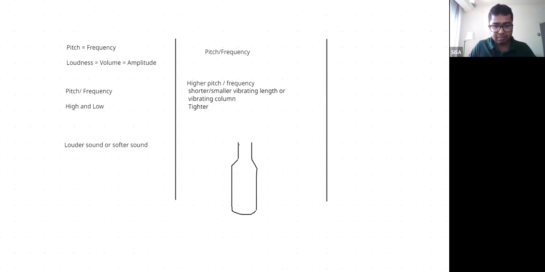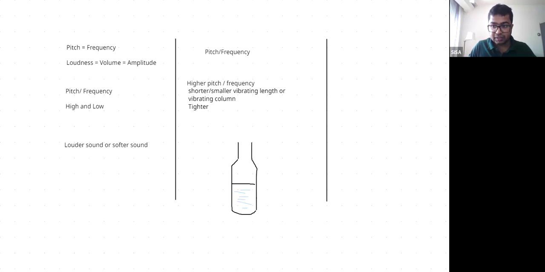Now let's imagine that this bottle is half filled with water. So this is going to be water, which I color in blue, and the part above is air.